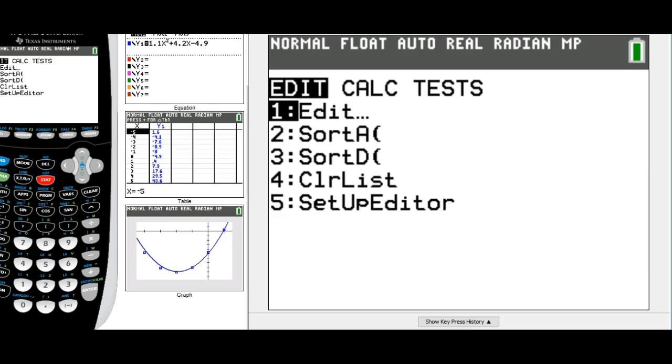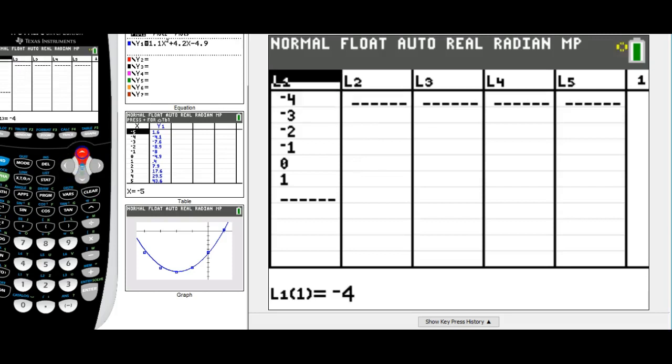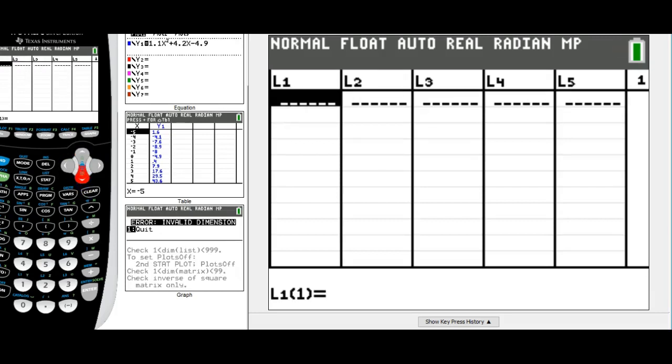Go to stat, number 1. Clear out those lists. And under L1, I'm putting my x's: -5, 2, 9, 11, 0, and 5.